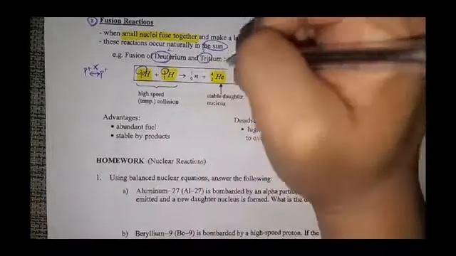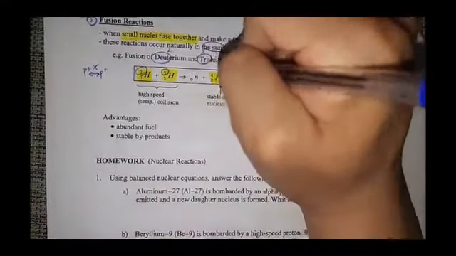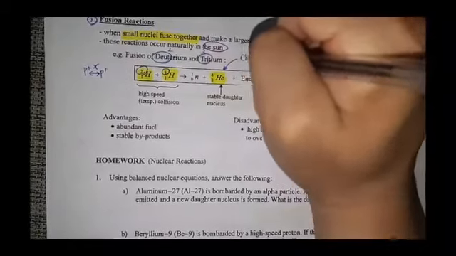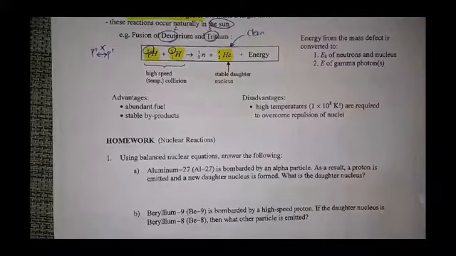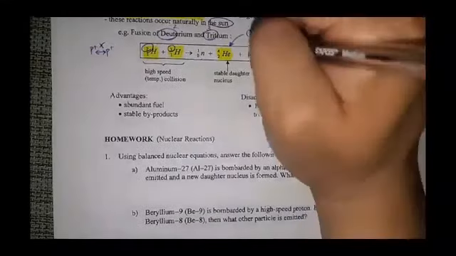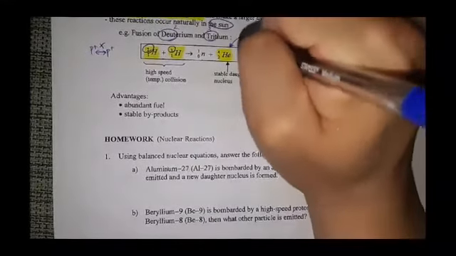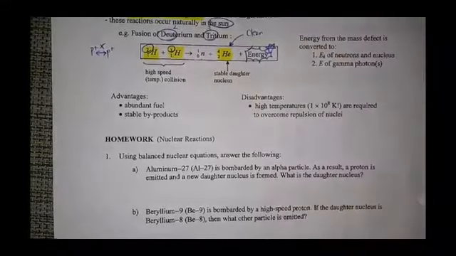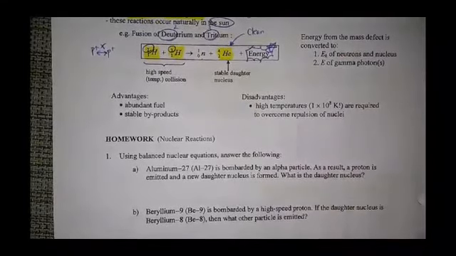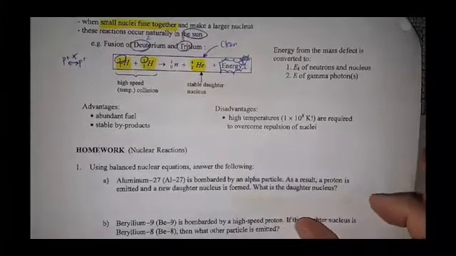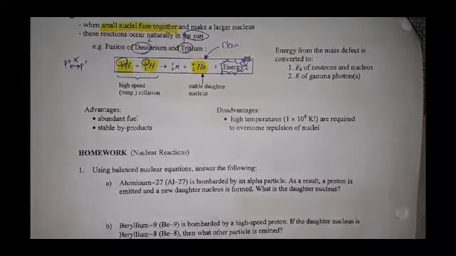First of all, compared to the previous situation, it's quite a clean product. Unharmful. It's a noble gas, in fact, right? And energy is a lot of energy. And of course, this reaction happens all the time in any luminous star, like the sun. So energy from the mass defect throughout this situation.